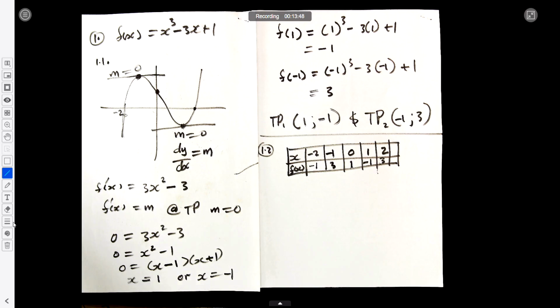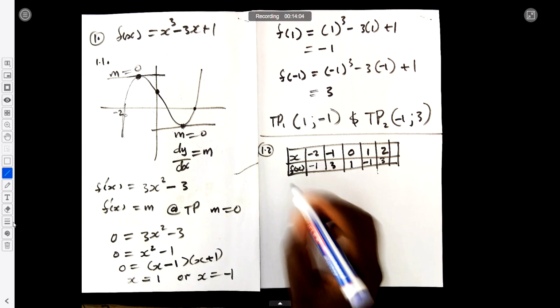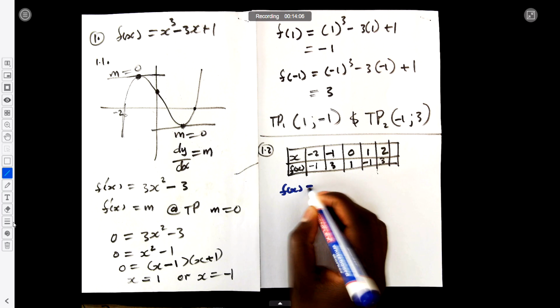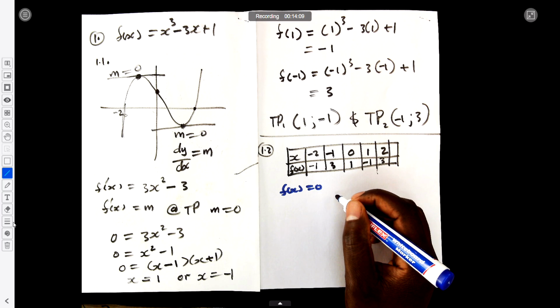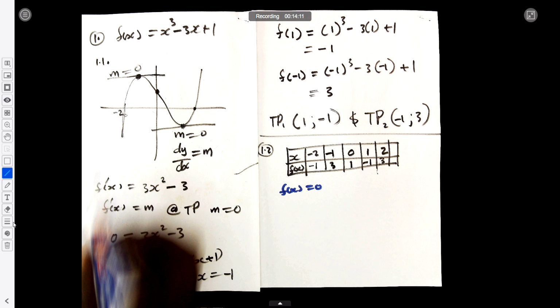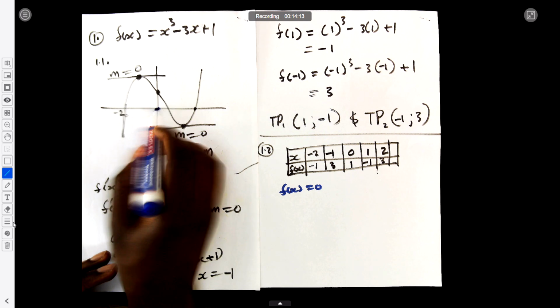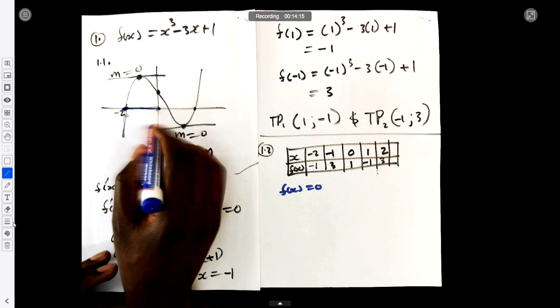So let us inspect the second part. It says a negative root of the equation f of x equals 0 is approximately negative 1.9. They state that if f of x equals 0, then the negative root is between here, for example, on this side.